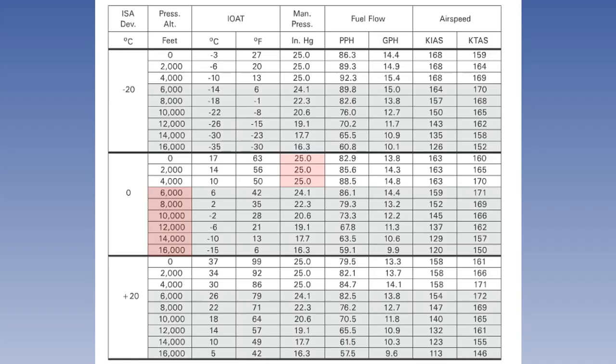Eventually, there is a height at which the throttle is fully open, and any further climb will cause the manifold pressure to decrease. The aircraft is said to be at full throttle. The heights at which the aircraft is at full throttle are shown in shaded areas in the table.